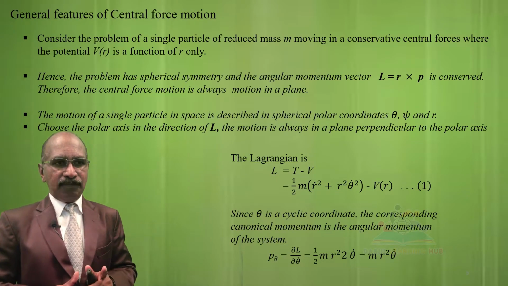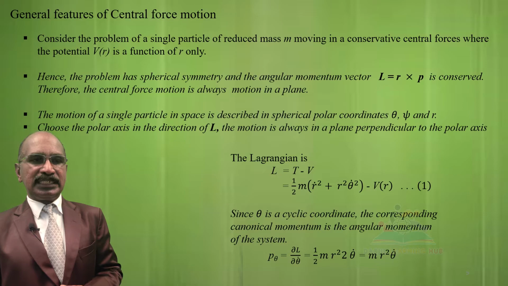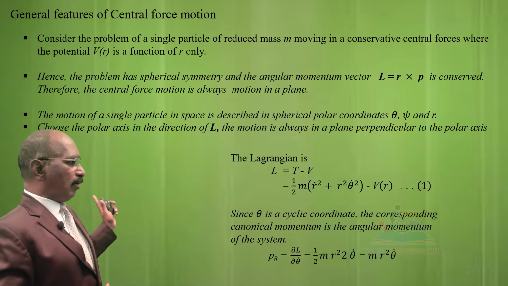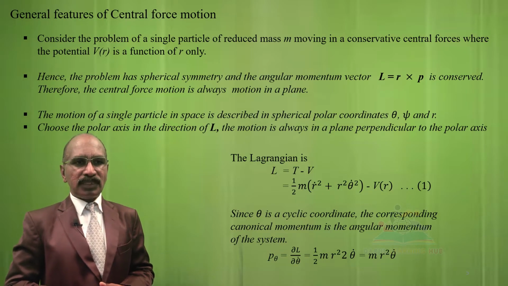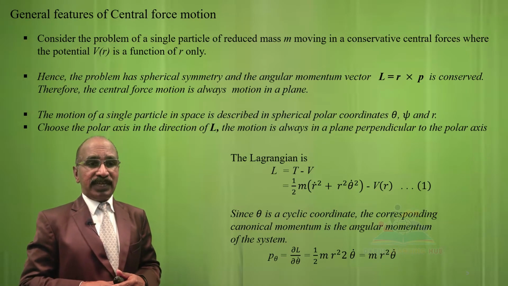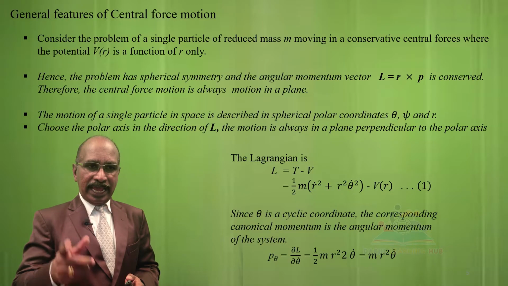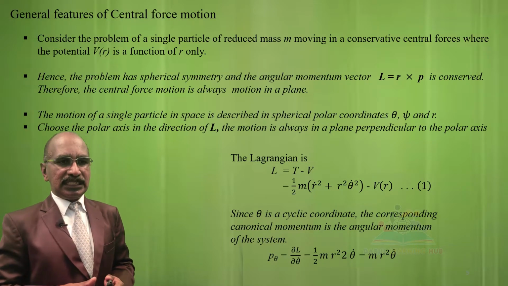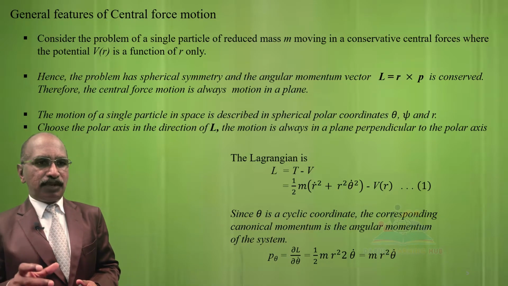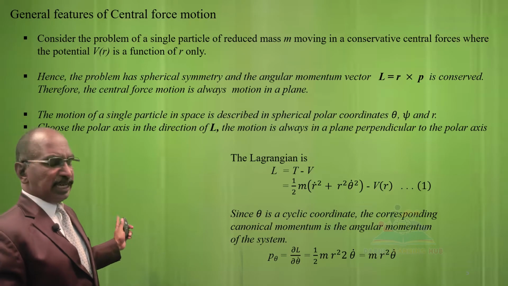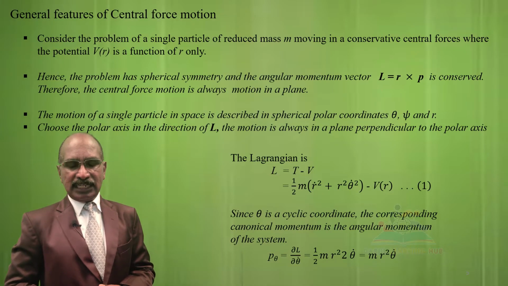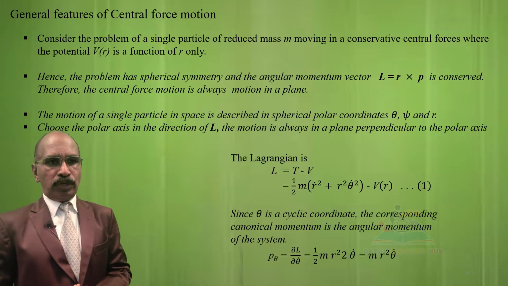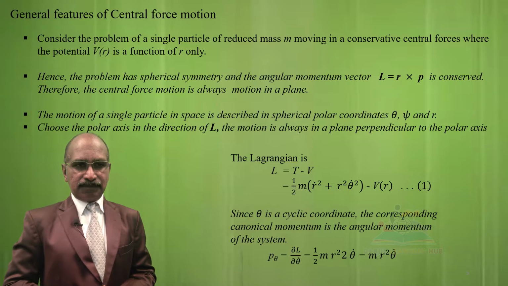Now the Lagrangian for this case should be written as L equal to T minus V, that is given by equation number 1, written in spherical polar coordinates. Moreover, since theta is a cyclic coordinate, the corresponding canonical momentum could be written in terms of the angular momentum of the system. That is, P theta must be equal to dou L by dou theta dot.